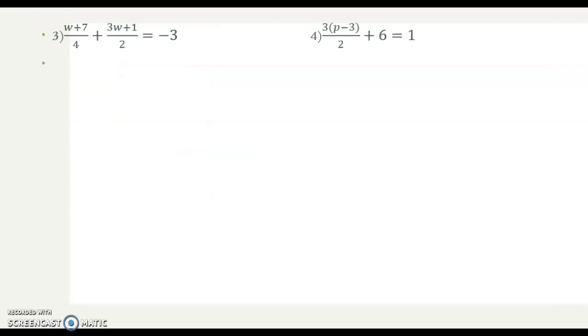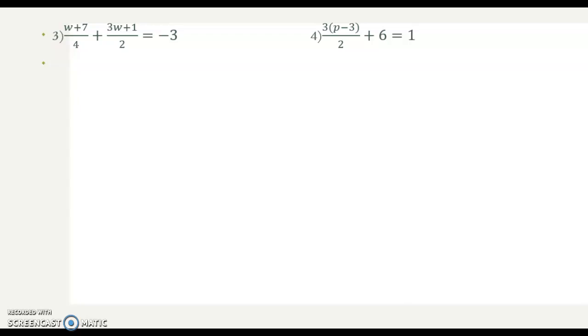Okay, let's have a look at some harder examples. If we look at number 3, we've got two different denominators. We've got a denominator of 2 and another one of 4. There's a couple of ways we can do this. We can get rid of both of the denominators at once by multiplying by the lowest common multiple, and that's what I would do.